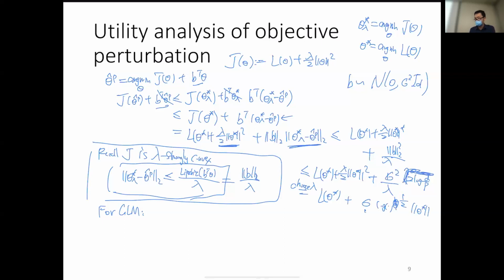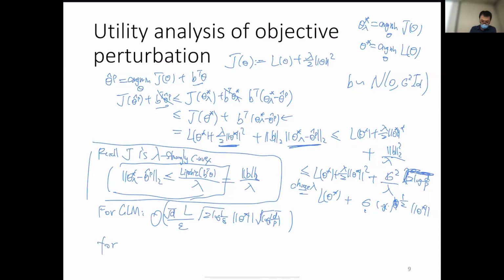It then remains to substitute the different choices of the sigma parameter for the generalized linear model or the smooth learning problem. So if we substitute this value for the generalized linear model, we will get the square root of d L over epsilon 2 log 1 over delta, and then the square root of this additional log d over rho term, right?